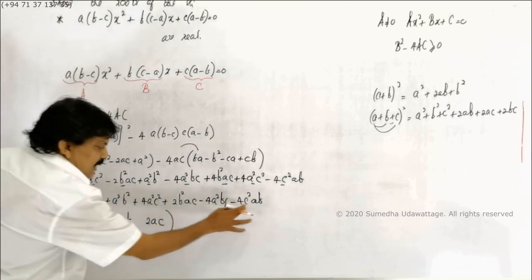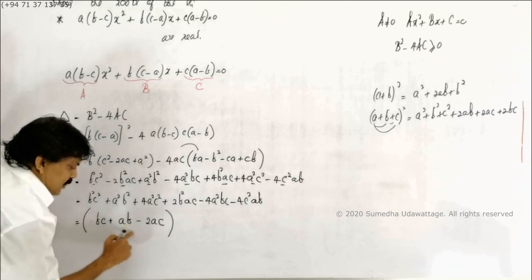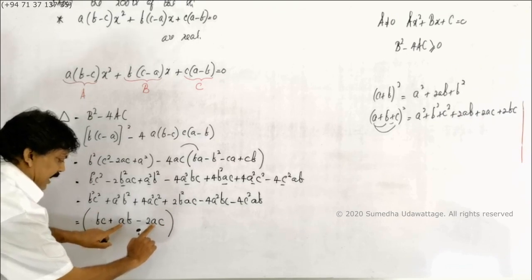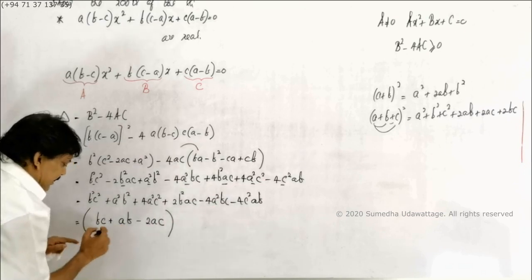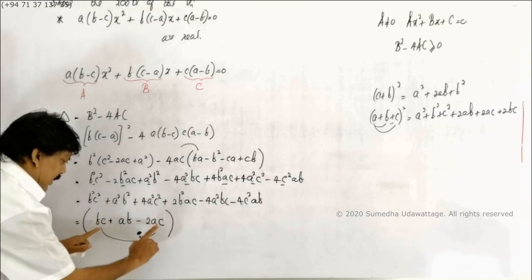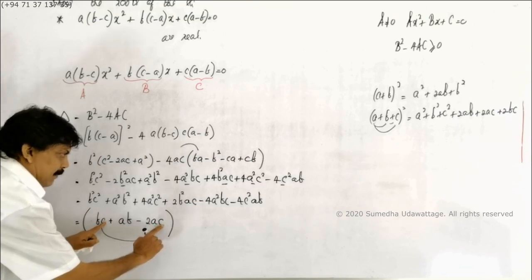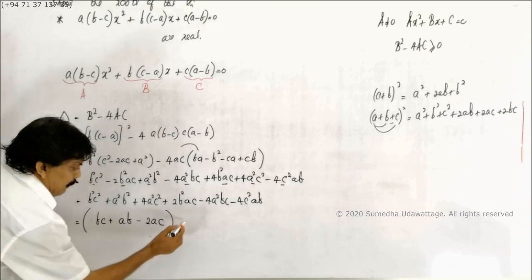Since the other two values are minus, I'll try minus here. These two multiplied, 2 into 2, minus 4a square bc. These two multiplied, you get minus 2 into 2, 4c square ab. Therefore, this would be positive.